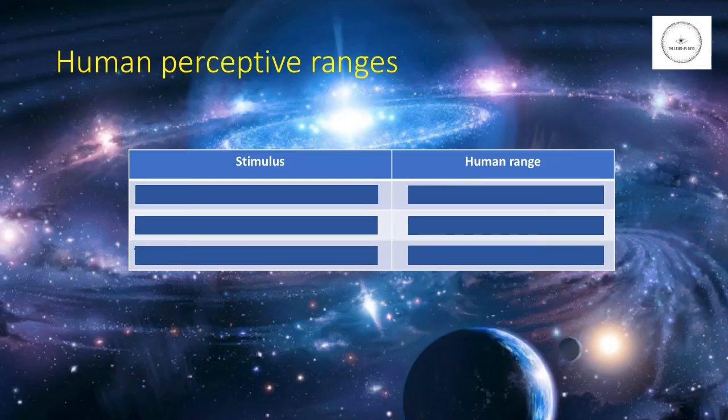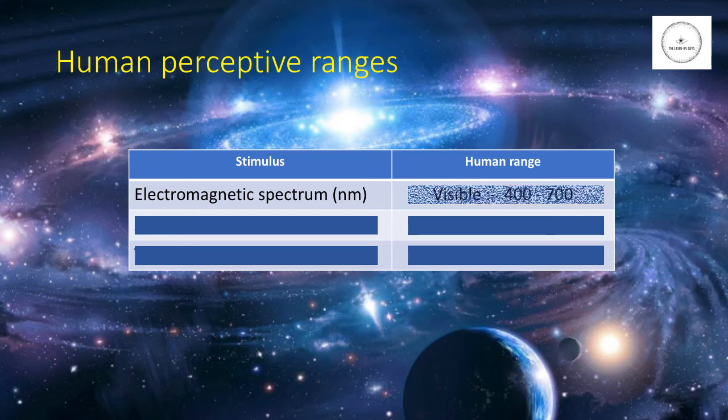Okay, so now we know roughly the sort of ranges that are available out there in the universe. What can human beings tolerate? Well, in the electromagnetic spectrum, which is the stuff that we see as light, we can see between 400 and 700 nanometers typically. Most people, that is.